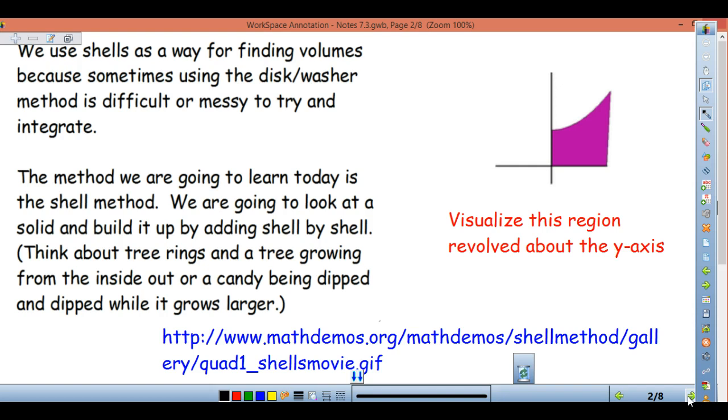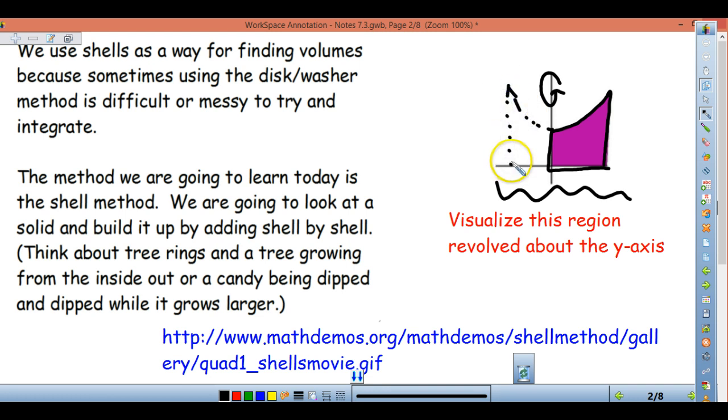If we look at this area right here, bounded by the x and y axis, it looks like a parabola and a vertical line. If this were revolved around the y axis, the other half of the solid would be over here. We've practiced calculating these volumes using disks, but I have a quick little animation that shows, crudely, where the shells are coming from.